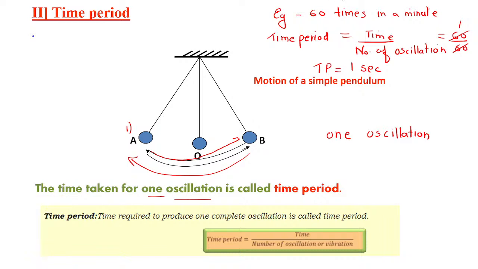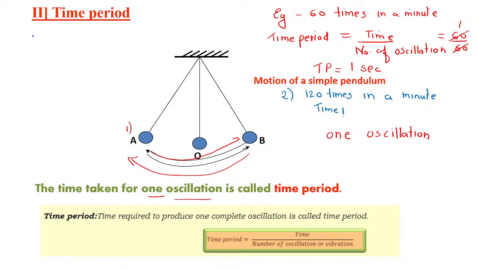Now in example 2, another pendulum is oscillating 120 times in a minute. How many times? 120 times in a minute. What will be the time period? Again the same formula.